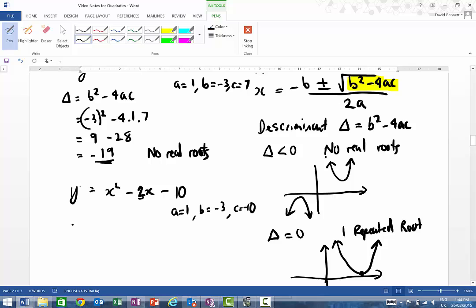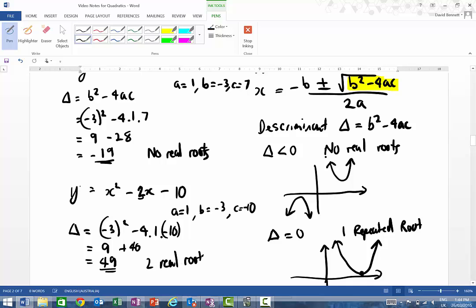So my discriminant is b squared, minus 3 squared, take 4 times a, which is 1, times c, which is minus 10. That gives 9, and then negative 4 times negative 10 is plus 40. So my discriminant is equal to 49. Therefore, this is going to have two real roots, which means I can solve for the actual roots themselves.